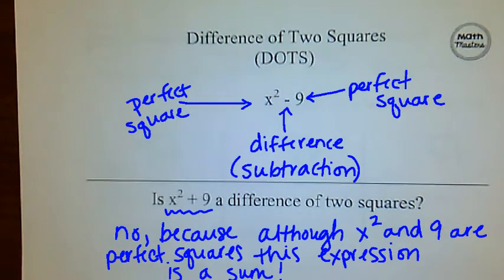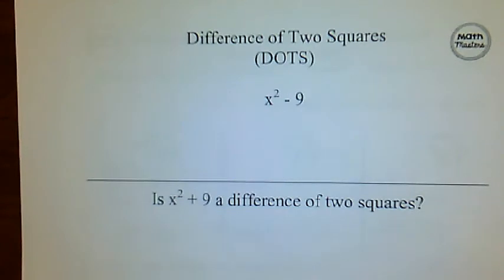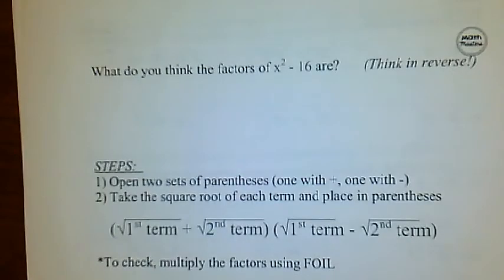Which doesn't work. It's called the difference of perfect squares, so we have to have a subtraction problem.